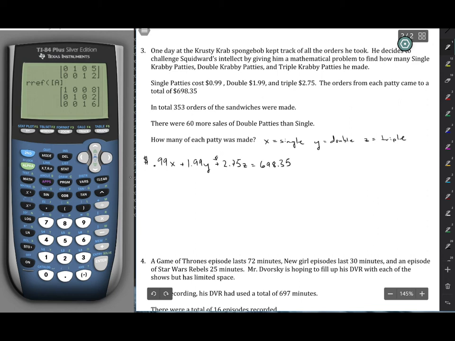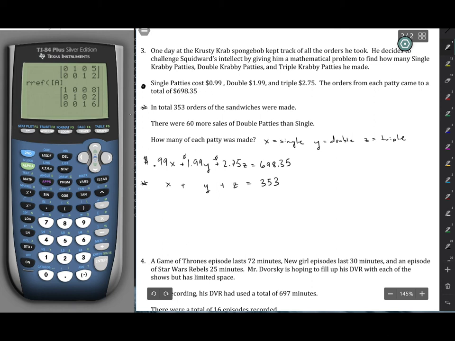Okay, so all of the money goes into one equation. I got all that information from there. The next equation deals with the number of orders. So between all three things, there were 353 orders.